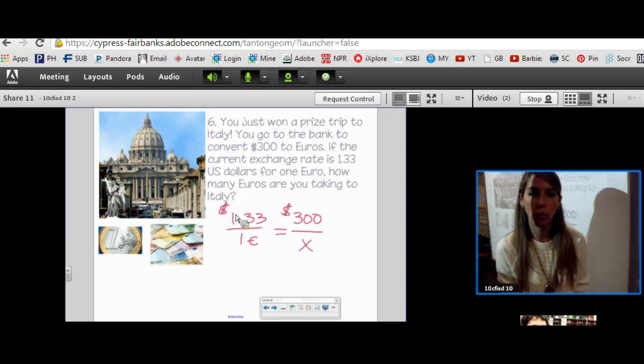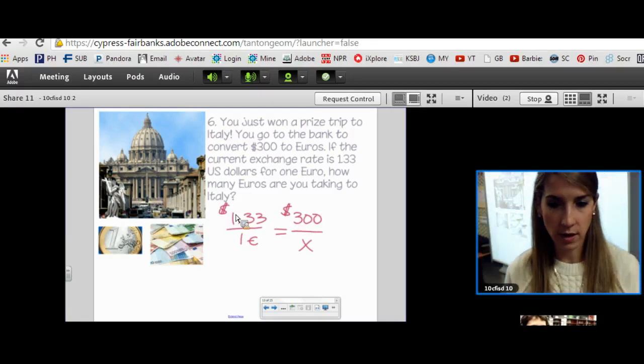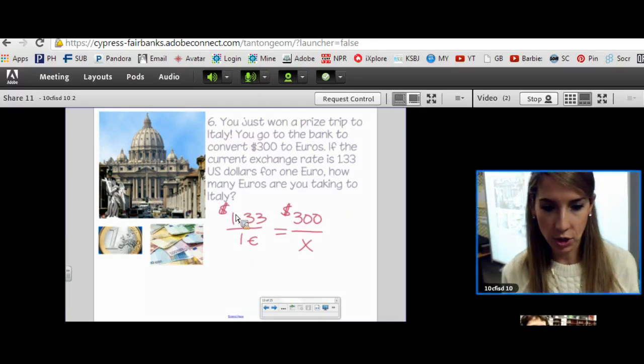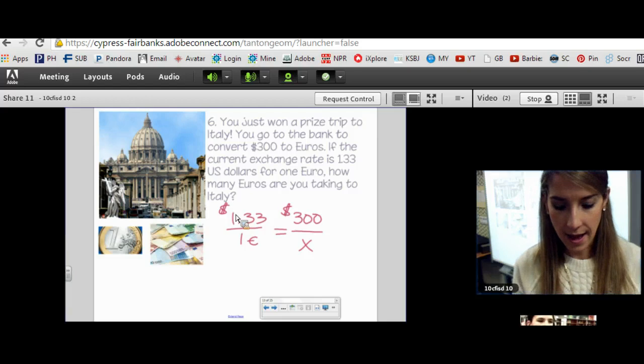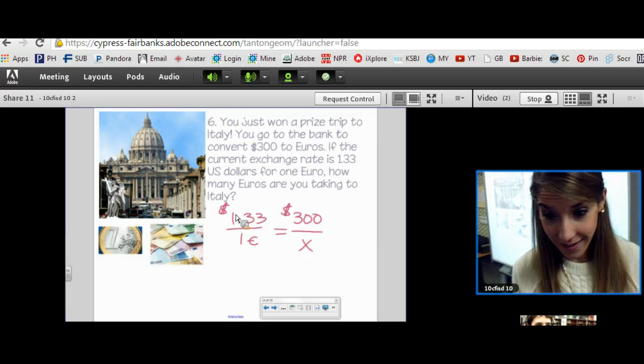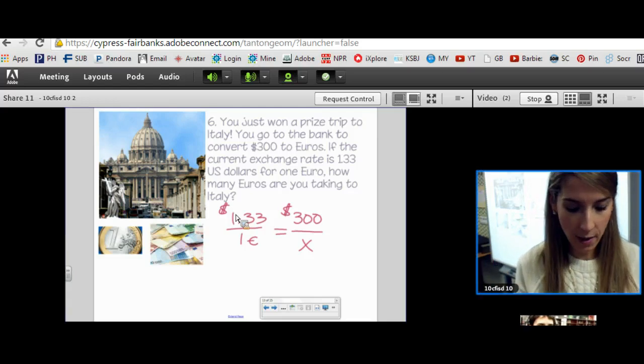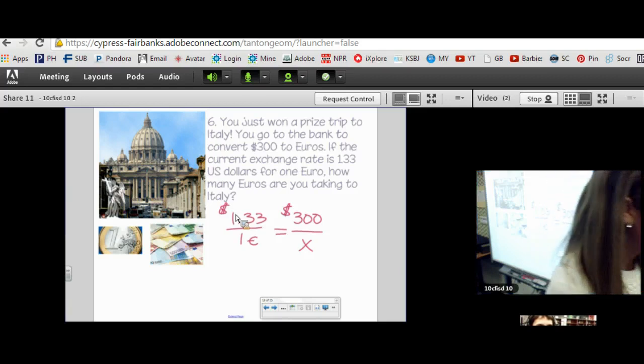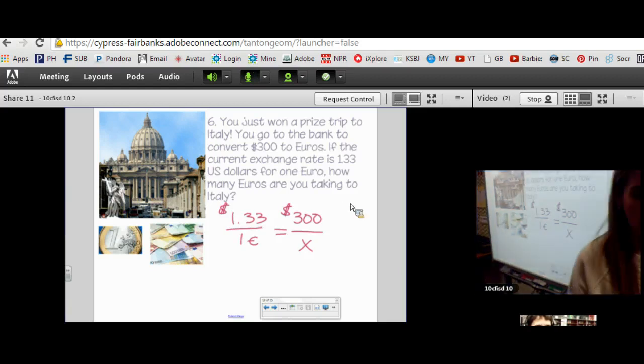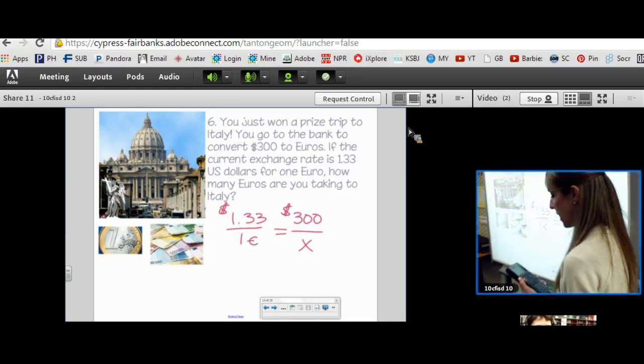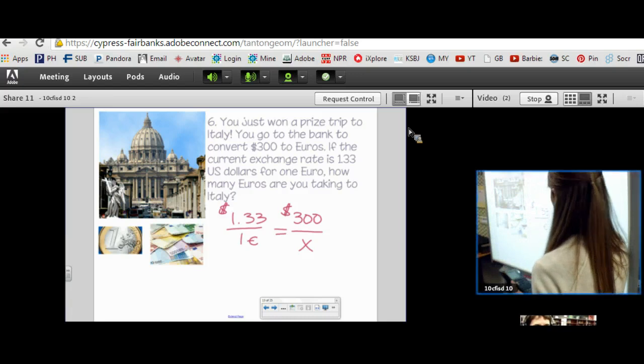You could set up a proportion. If you don't know whether to multiply or divide, you could set up a proportion. So yeah, it's 300 times 1, which is 300, divided by 1.33. My cursor keeps getting in the way. All right? So you are taking with you 225 euros.